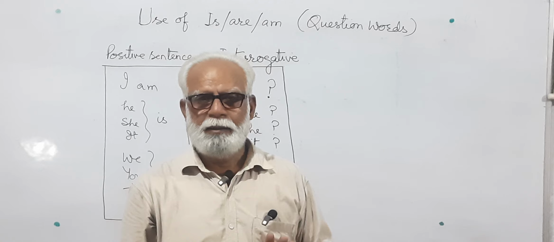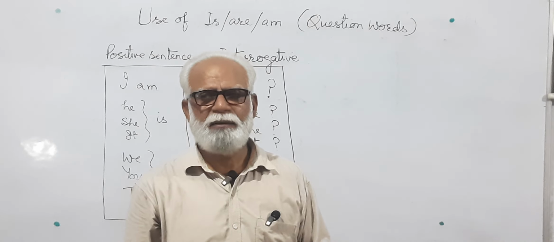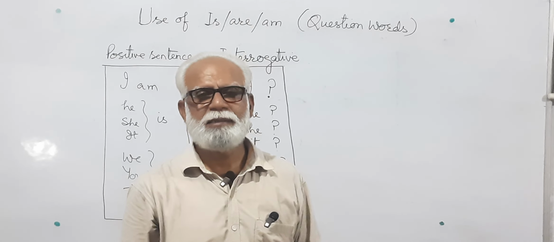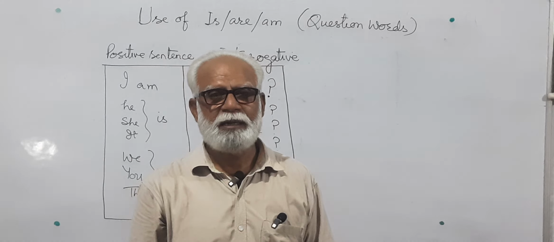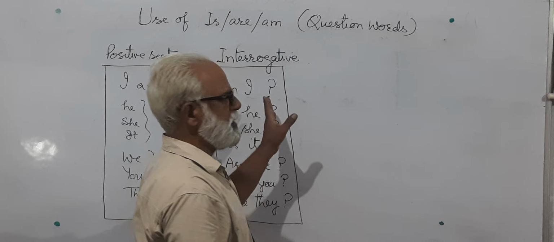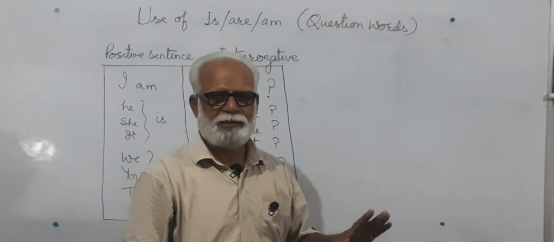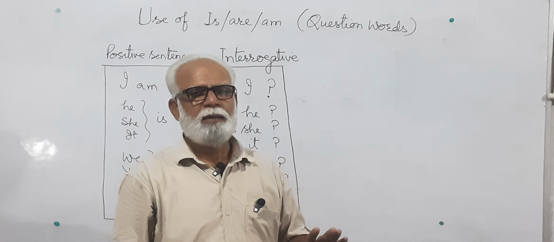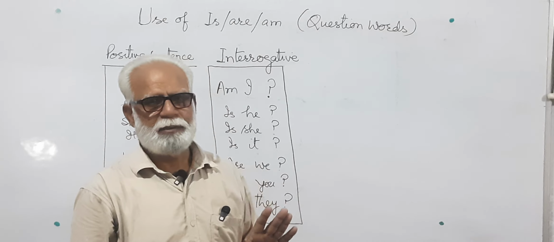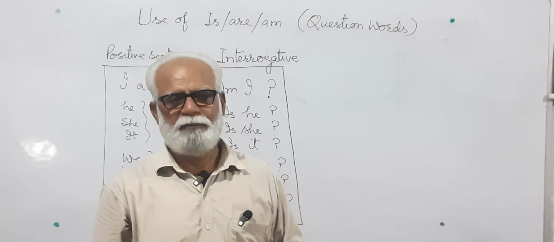If we remember this, we can easily frame questions, simple sentences, and negative sentences. Now, if we are to answer these questions, then short answers, probable short answers. Probable means it depends on one's choice, whether he wants to respond in a positive way or in a negative way.